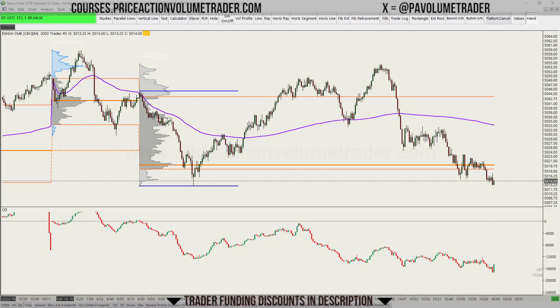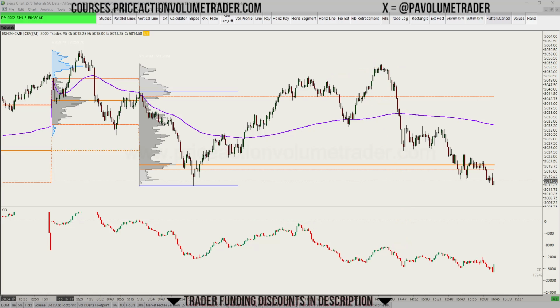For example, here you can see how we had continuous selling with a lower high here on the cumulative delta, and price made a higher high here. So what this indicates is that the passive traders, the big traders using limit orders, are absorbing a lot of this selling pressure, and they push prices even further up, okay?